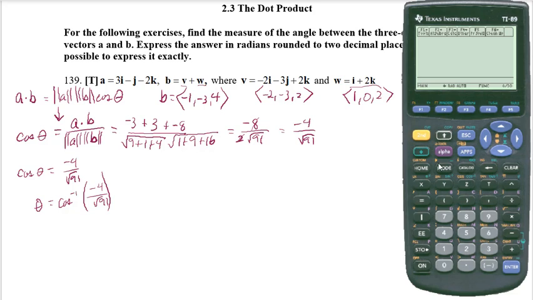And here is the arc cosine, -4, and the square root of 91. And we'll use the green equals to get the approximation. So to 2 decimal places, that would be a 2.